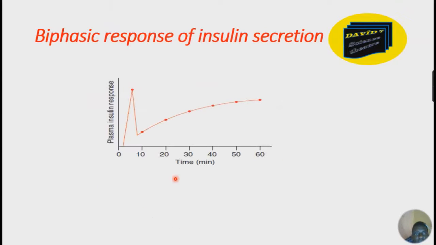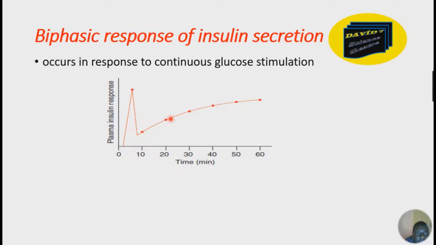Let's continue. Biphasic response in insulin secretion. When does this occur? You see that curve? Yes, it has two phases: one phase of a peak and another phase of gradual increase. It occurs in response to continuous glucose stimulation. If you continuously supply glucose, that biphasic response occurs.